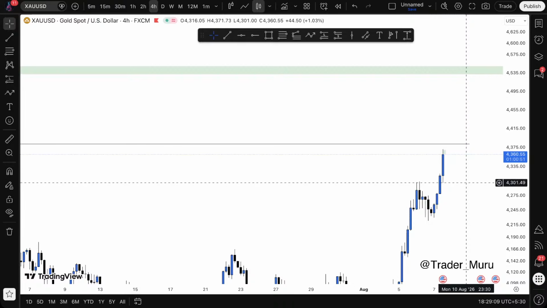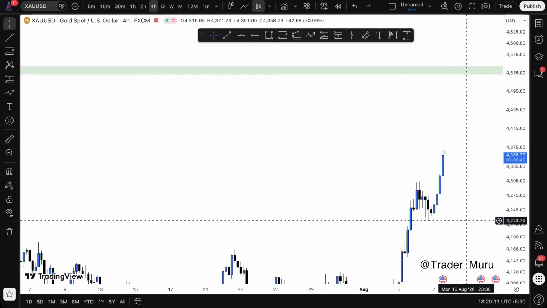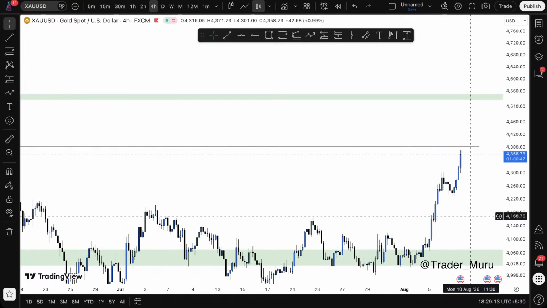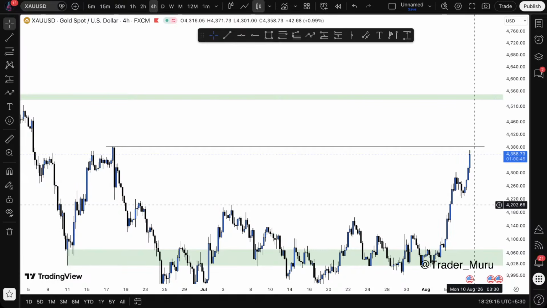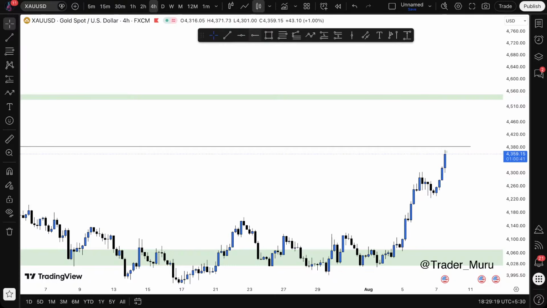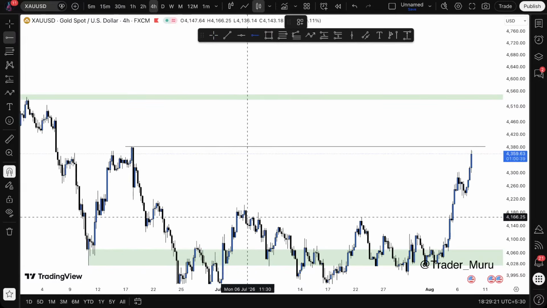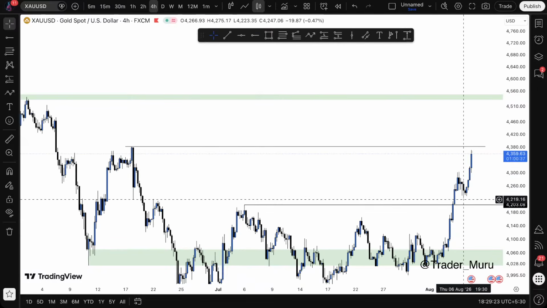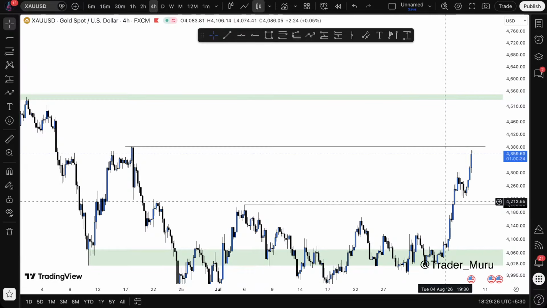First target will be this low, second will be this one, third maybe 4200. But majorly I'm expecting price to stay bullish. It will sweep this low, test this 4200 area and again pump.